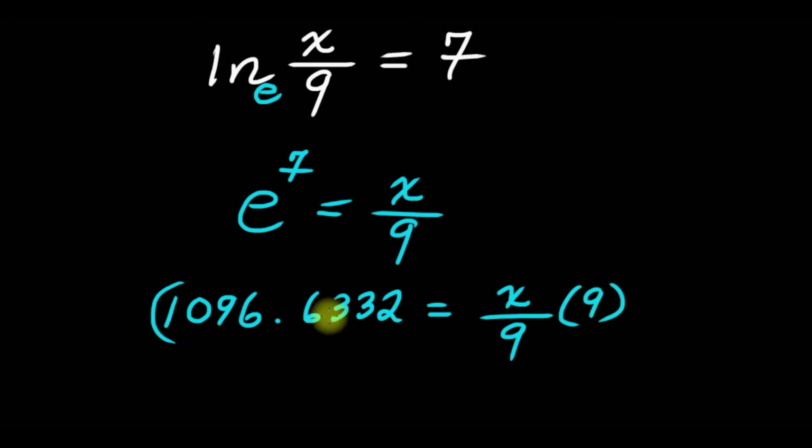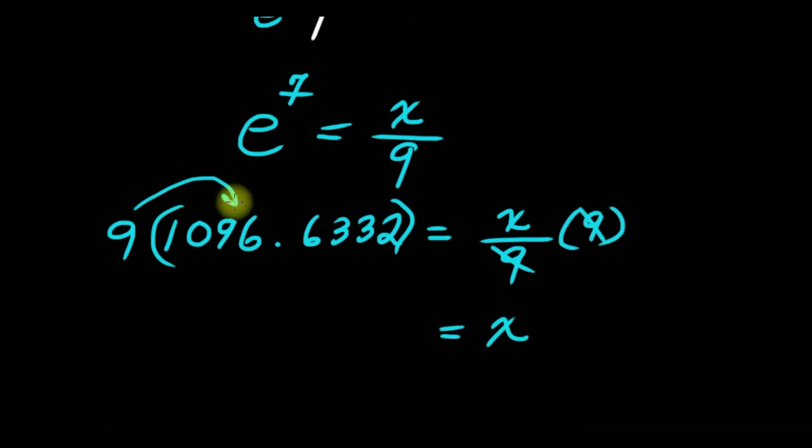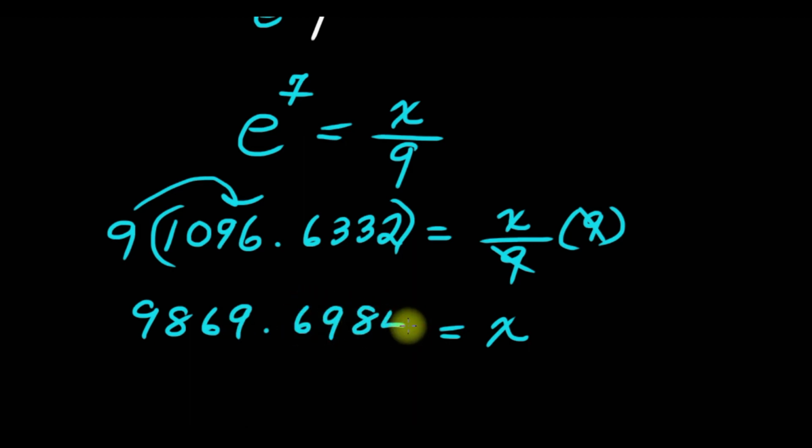I have to multiply this whole thing by 9. So cancel the 9, so x is, distribute the 9, you get 9869.6984. So this is what x is.